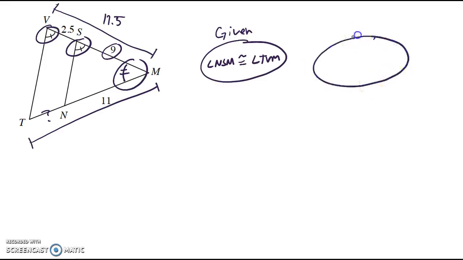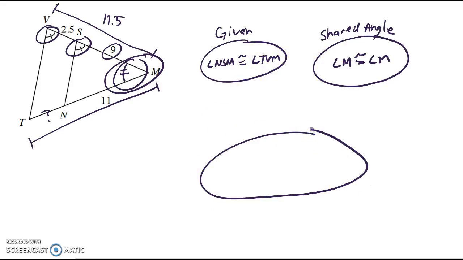Okay, and now the other angle, the one that we pointed out right here, we could just say that could just be angle M. So angle M is congruent to itself because they share it, right? So we'll just say the reason is shared angle must be congruent then. And that's enough. Those two statements are enough to say that these two triangles are similar because of angle-angle.